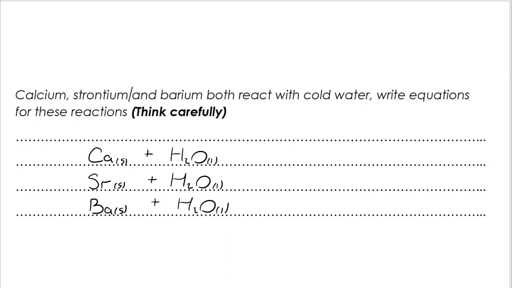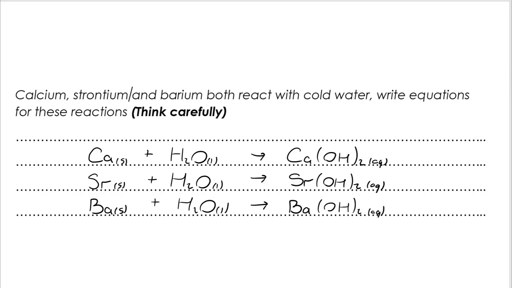Now, because calcium, strontium and barium are all +2 charges, because they're in group 2, that means their formulae will all be very similar for the hydroxides. Calcium hydroxide, Ca(OH)2. Strontium, Sr(OH)2. Barium, Ba(OH)2. And they're all aqueous. And in every single case, we make hydrogen, diatomic, H2 gas, and we have completed.